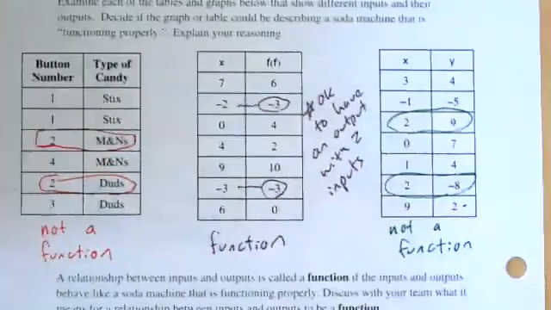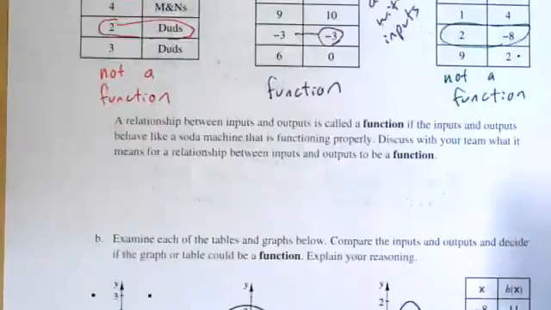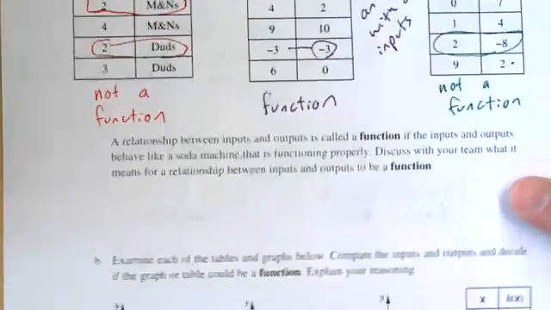All right, so I feel like we're starting to get a good idea of what a function is and how to detect them and how to detect when something's not a function. This next part is going to be the toughest thing I ask you to do all week, and it's often the hardest thing to do in math in general. You've got a good conceptual understanding of what's happening. I am going to challenge you to put it into words.